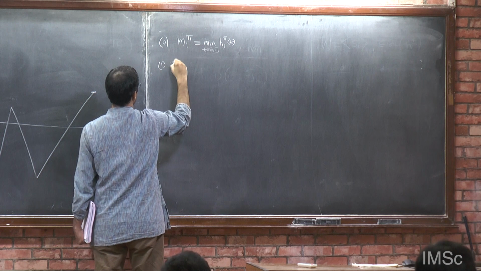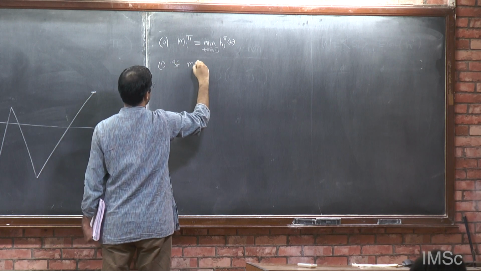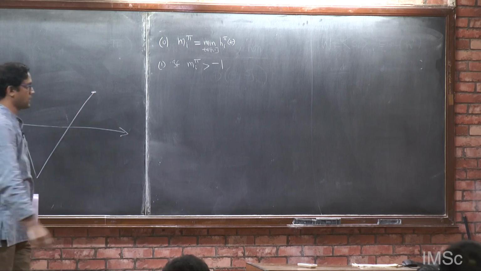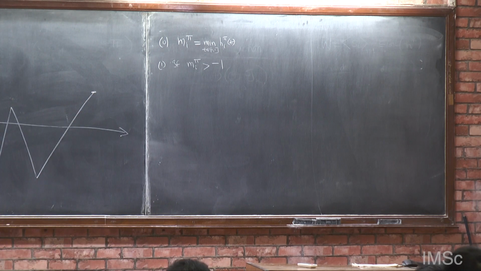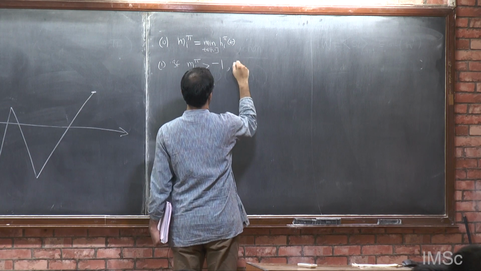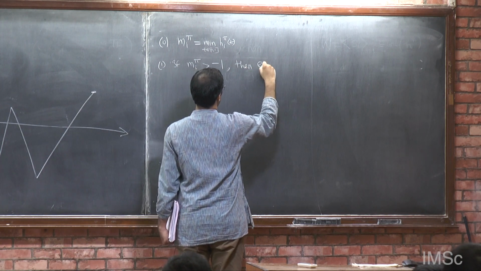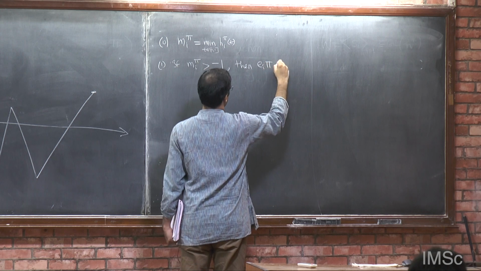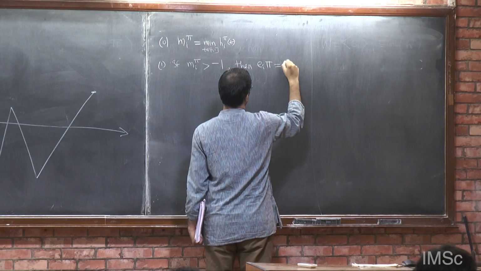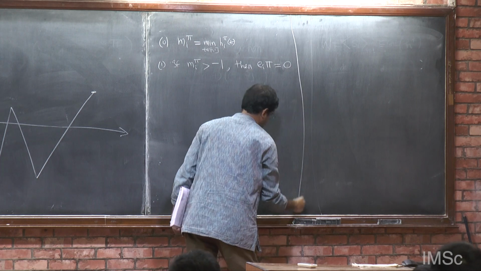Step 1: if this minimum is too large, by which we mean any number strictly bigger than -1, then you say that e_i pi is not defined. Usually it's convenient to just say e_i pi is 0.